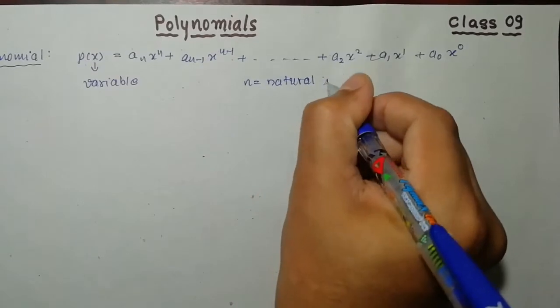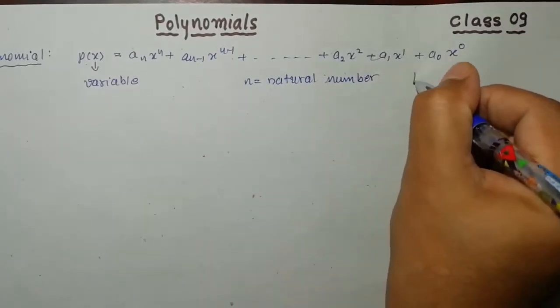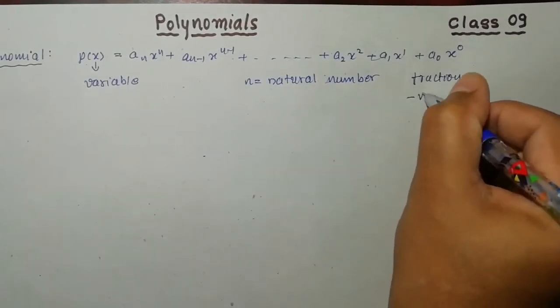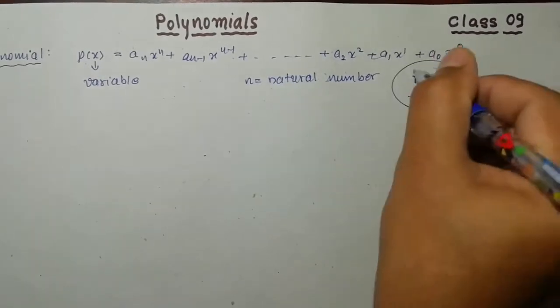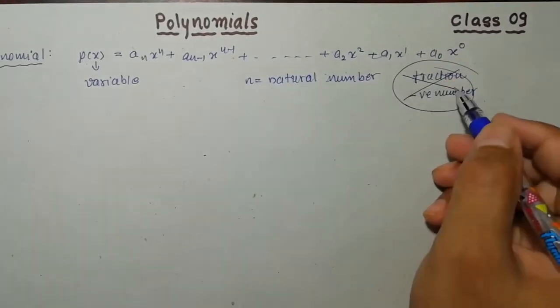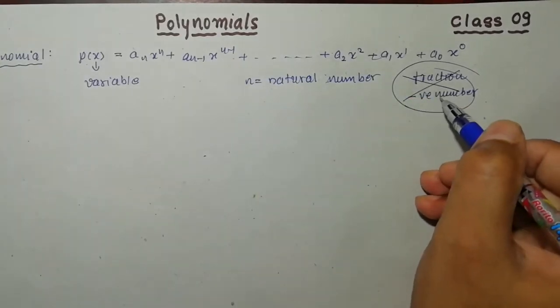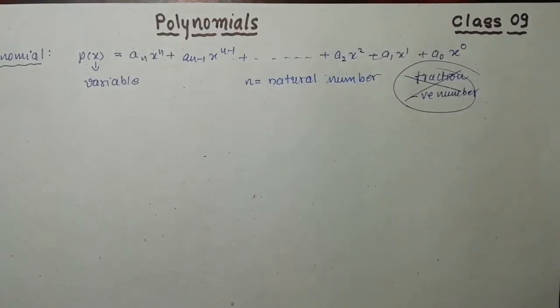The exponent should be a natural number. If there is any fraction or negative number, then it is not a polynomial. Remember, if any fractional number appears as an exponent of x, or any negative number appears as an exponent of x, then it is not a polynomial, because it is the standard form.